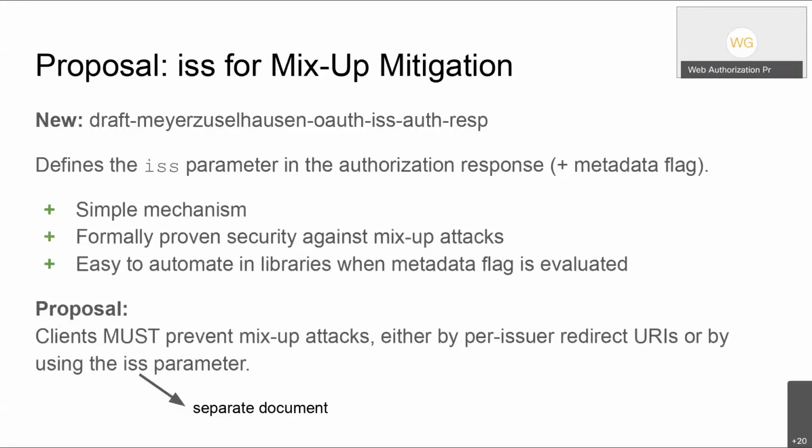This could be a chance, right? It looks like we have two ways to transport the ISS, not the space station, in the authorization response: one is the ID token, one is a separate parameter. So this could be an informative reference, at least in the beginning.